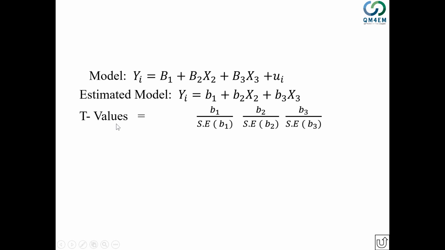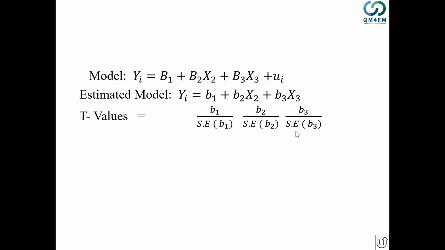The t-value is calculated by taking the numerical value, for example for beta 1, and dividing it by the standard error of beta 1. Similarly, for beta 2 we divide it by the standard error of beta 2, and similarly for beta 3.